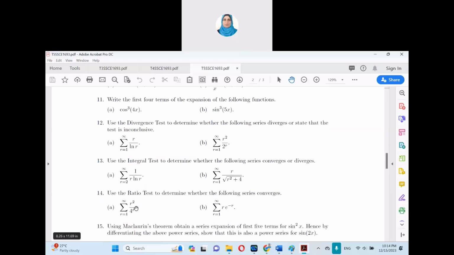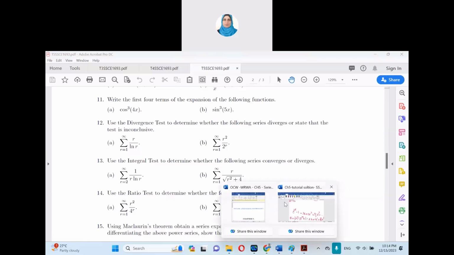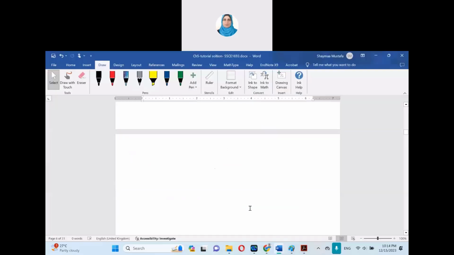Ratio test, for example, 14a. 14a is a ratio test. Usually the ratio test is used if you have a power like this one, 4 to the power n, or you have a factorial. For example, a series like 2 to the power n over n factorial.